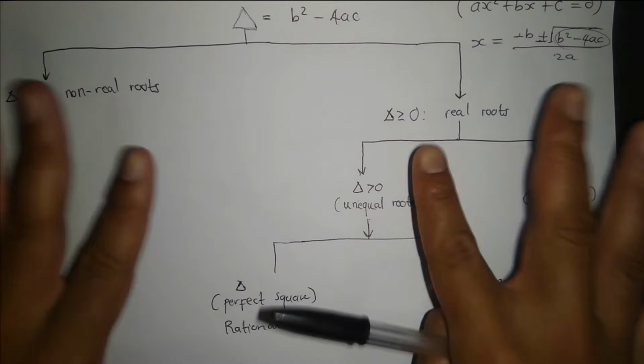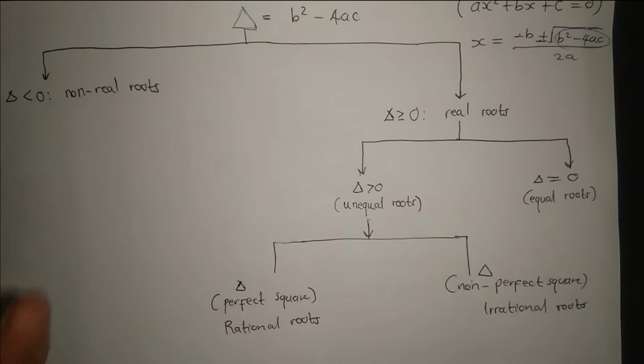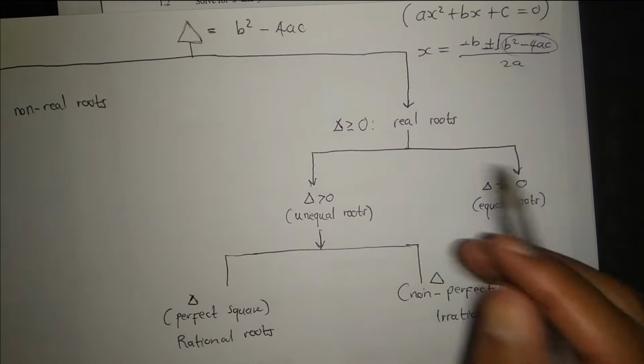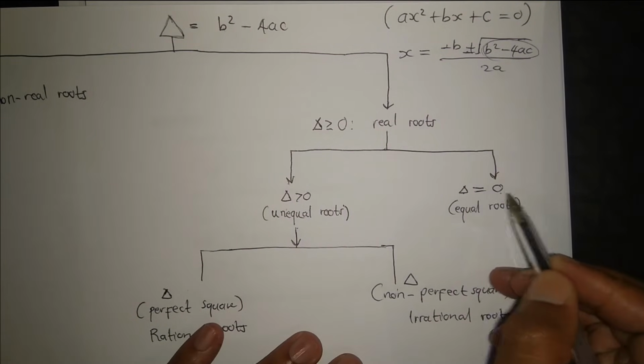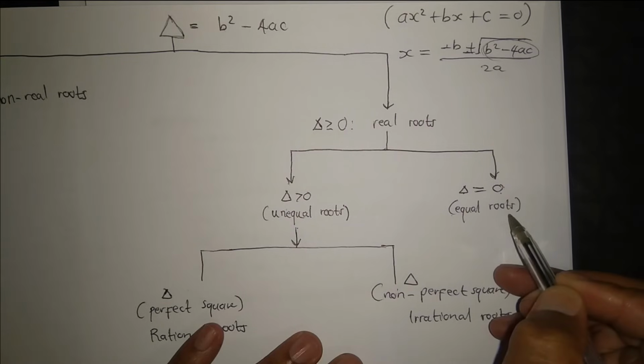You should know this table or diagram by heart. The roots are equal if the discriminant is equal to 0, then you have equal roots. So we want the values of k: when the discriminant is equal to 0, we obtain equal roots.